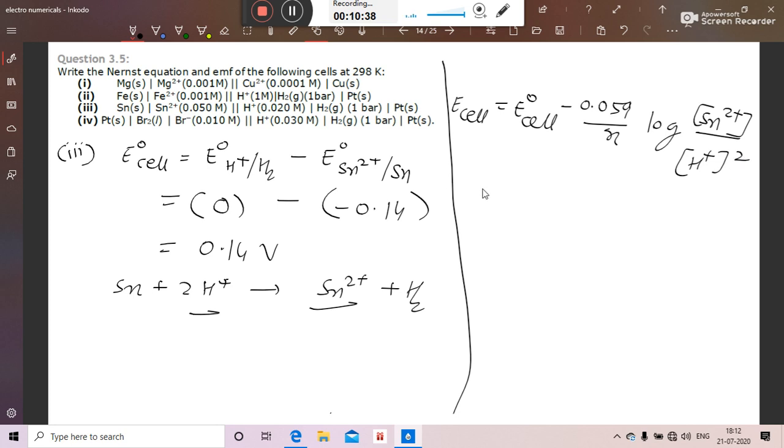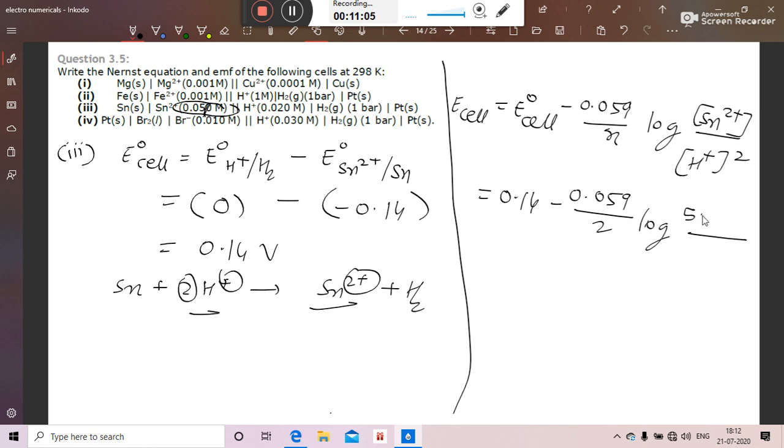Now E naught cell is 0.14 minus 0.059 upon n, where n is the number of electrons gained or lost. On both sides the charge is 2+, so electrons gained or lost is 2, log of the concentration of Sn2+. So that is 0.050. Now we can remove the last 0, so we get 0.05, which can be written as 5 into 10 raised to minus 2.